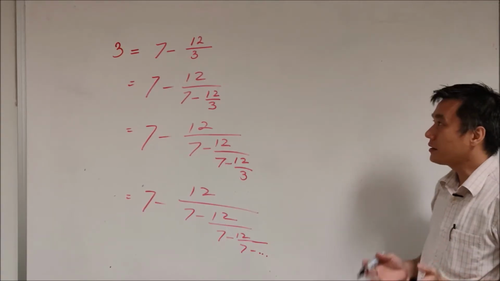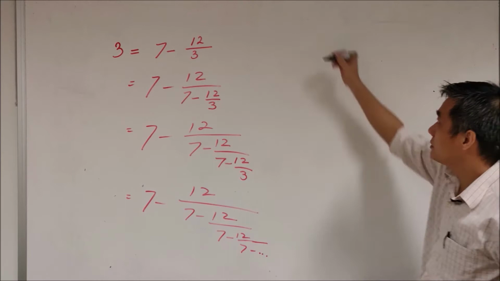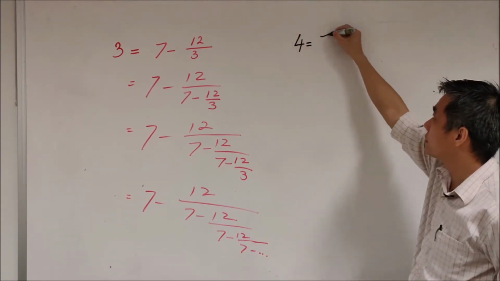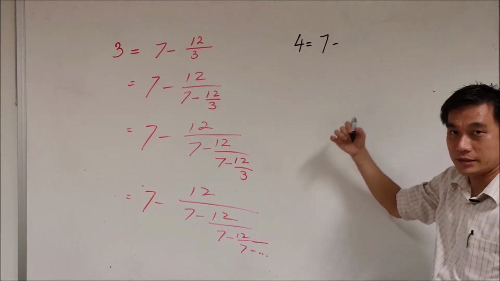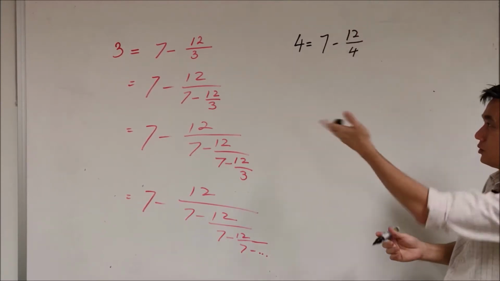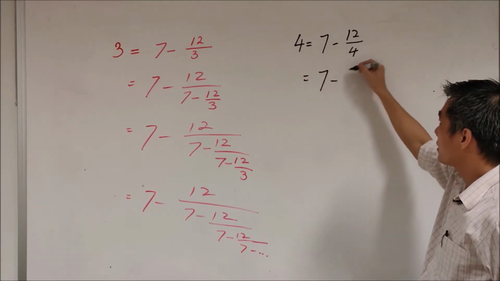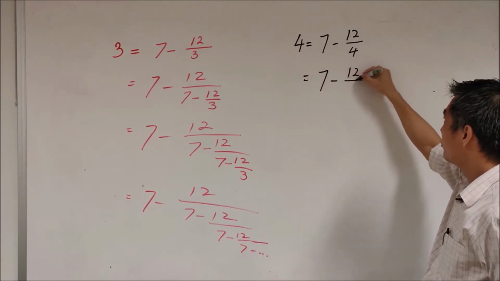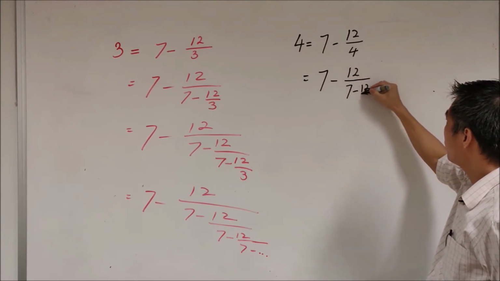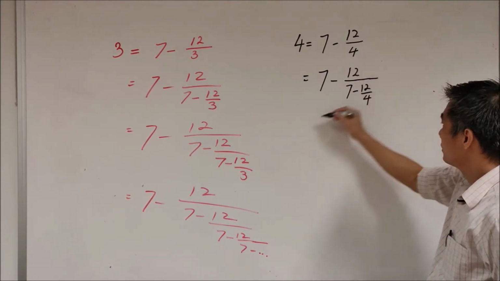But we can look at another possible answer. That is, I start with 4 and say that 4 equals 7 minus 3, and 3 equals 12 over 4. And we do the similar thing here: 7 minus 12 over 4. 4 equals 7 minus 12 over 4 again.